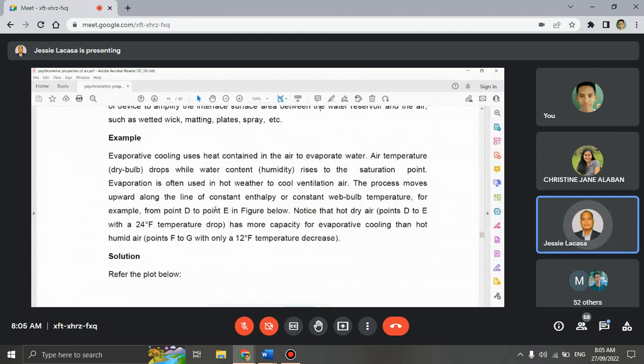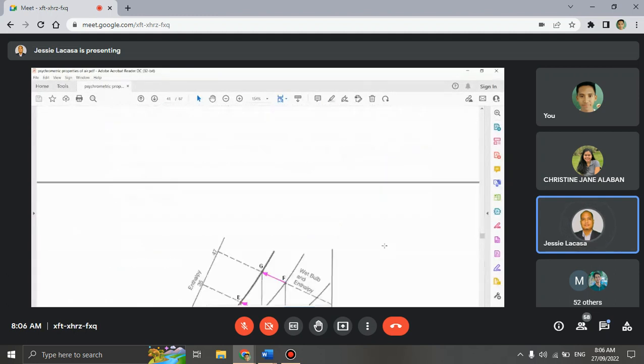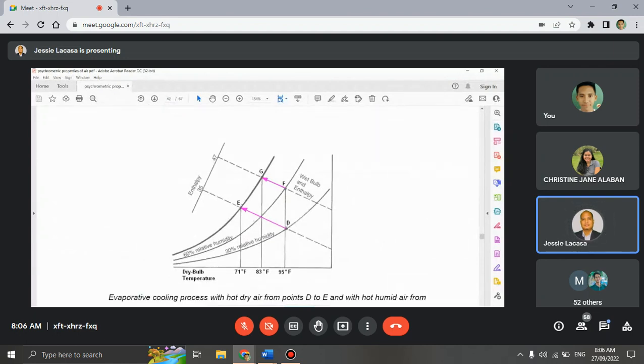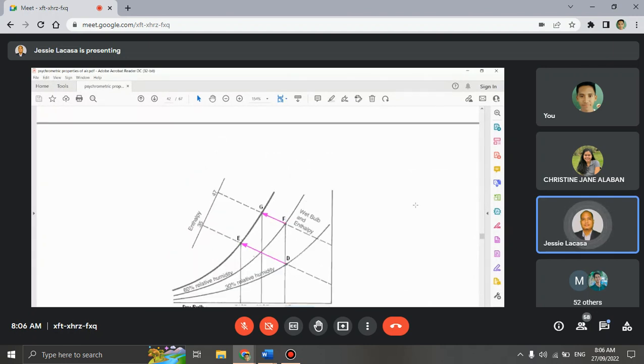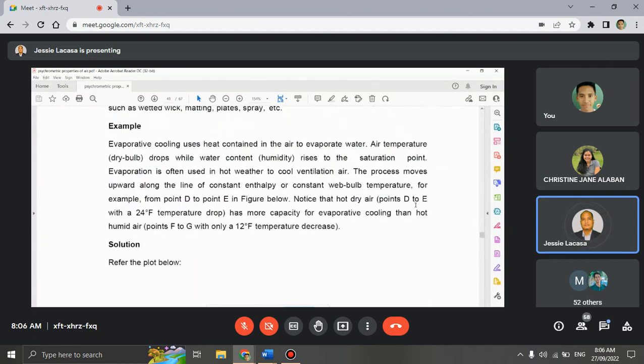Okay? So evaporation is used in hot weather to cool ventilation air. So the process moves upward along the line of constant enthalpy or constant wet bulb temperature. So for example, from point D to point E, this is the saturated line, 100% RH.